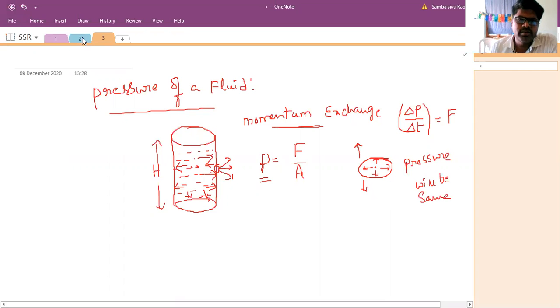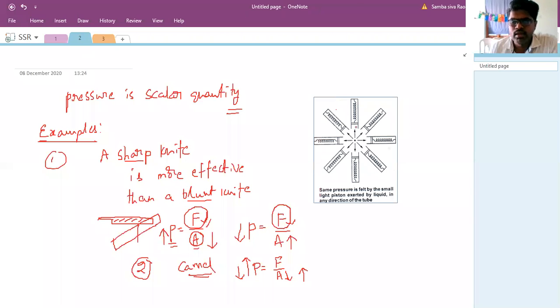For that only this diagram is given. You can see this diagram. The same pressure is felt by the small light piston exerted by the liquid in any direction of the tube. At one horizontal level, you can see the tubes like this. Inside, you can imagine the liquid acting in all directions. Here there is a piston, here a piston, here a piston. These are all pistons connected with springs inside, and all the pistons are at the same level. These are interconnected.